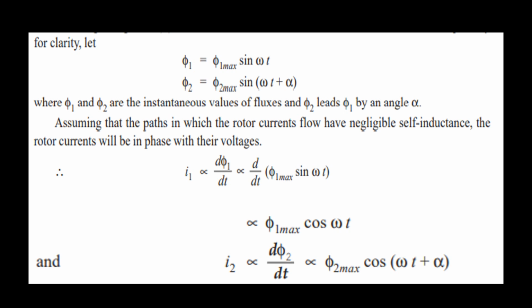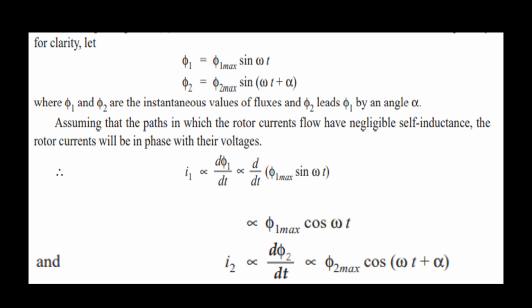Now let us consider, for more clarity, phi1 is equal to phi1 max sin omega t and another flux phi2 is equal to phi2 max sin omega t plus alpha. In this particular equation, phi1 and phi2 are instantaneous values of the fluxes, and from these two equations you will get a clear idea that phi2 leads phi1 by an angle alpha.